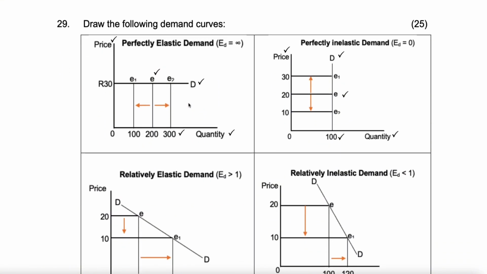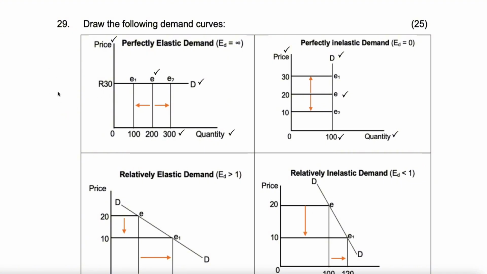Now, let's study this one. What we see here is that this demand curve is perfectly elastic. Let's say when price goes up from 30 to 40, it'll be the same for all these units. Basically, this indicates that this firm is a price taker, because it has no influence on price. It takes the market price determined by the industry.